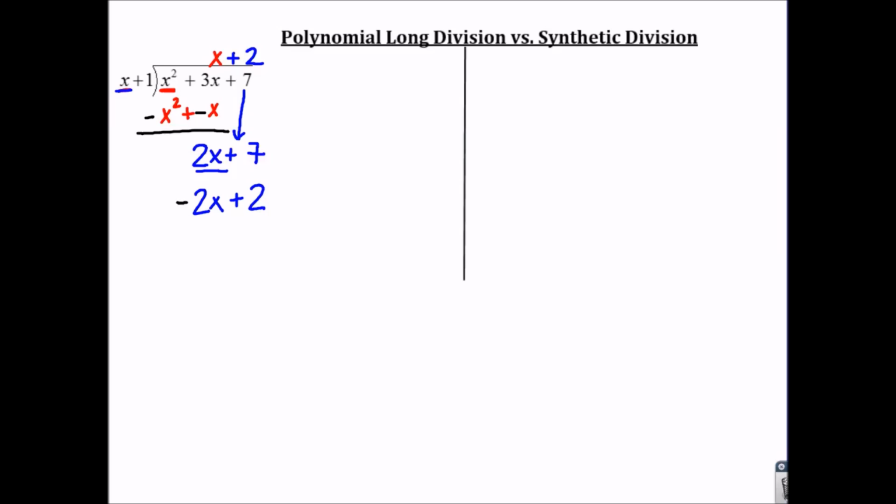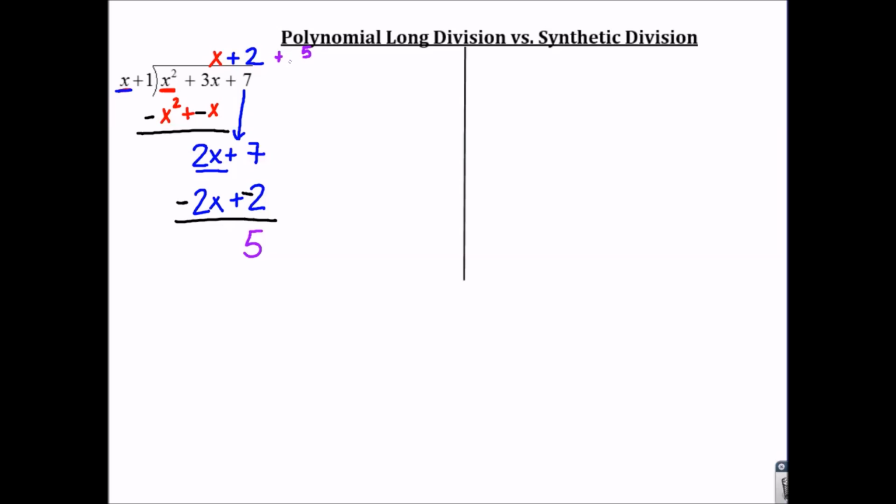Then I need to subtract. So 2x minus 2x cancels out. And 7 minus 2 gives me 5. So now I don't have any other terms to bring down, so now I just need to write the rest of my answer.